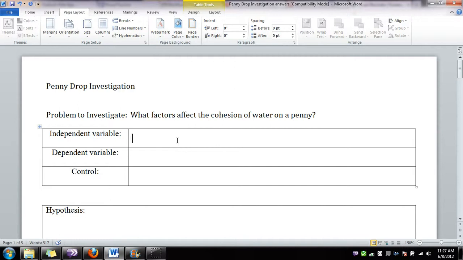Filling these things in on your worksheet, we're going to start with the variables and the control. Remember, we need to do these before we can do the hypothesis. The independent variable in this lab has got to be something other than water, because we're going to use this to compare to the cohesion of water. So for this lab, I've chosen to use hand soap.